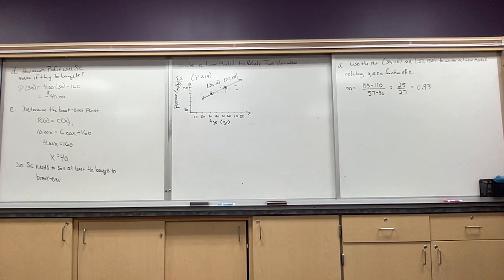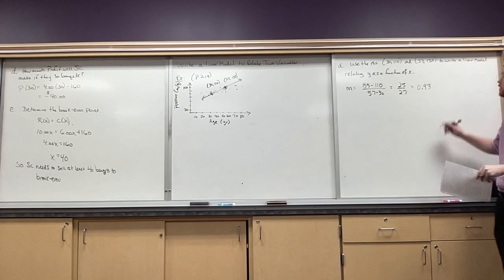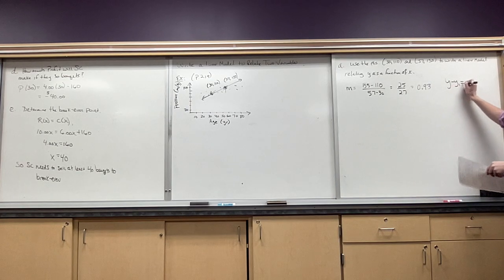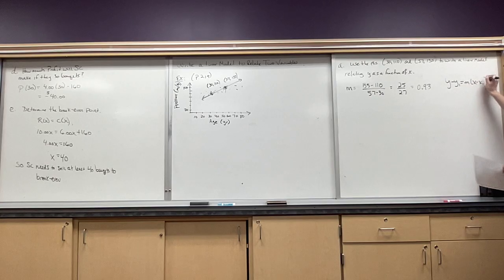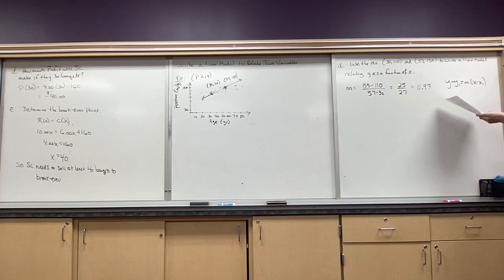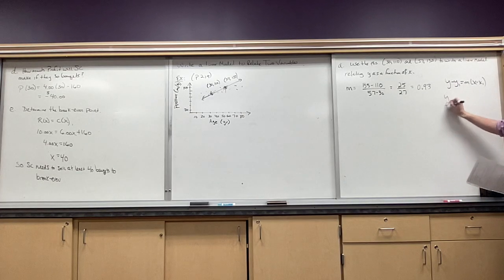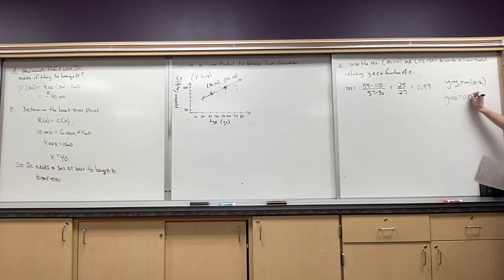Now, because I have context, I am going to use a decimal because that's going to be easier to interpret than the fraction itself. Now, using my point slope formula, I'm going to go ahead and use this slope, and then any point I like, because both these points satisfy it. I'm going to pick the 30 and 110 because those are even numbers. Even numbers are easier to work with. So I get y minus 110 equals 0.93 times x minus 30.